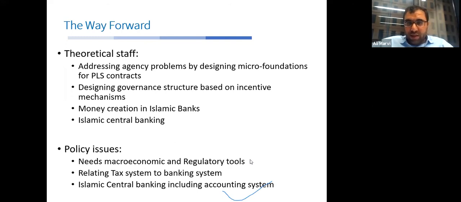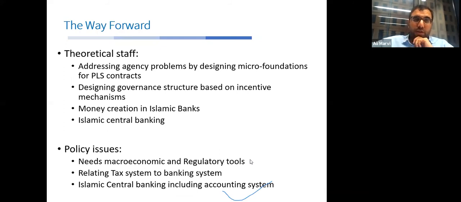And finally, you know that one tool that decreases the informational asymmetry between different parties in PLS contracts is the accounting system.